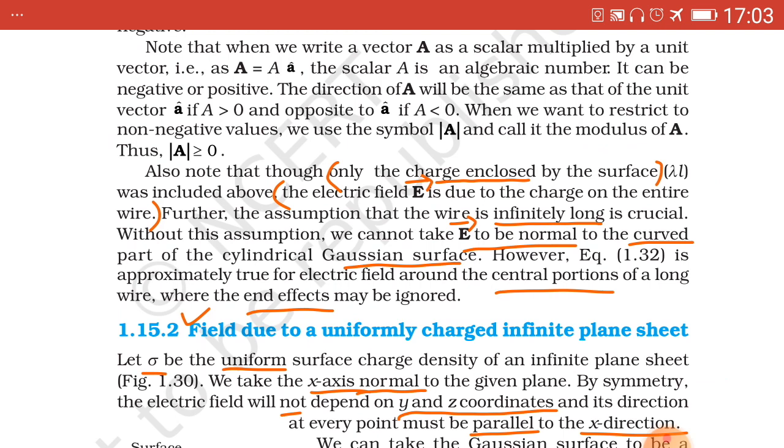The electric field E vector is due to the charge on the entire wire. Moreover, the wire is infinitely long. Why have we considered it like this? Otherwise, we cannot take the E vector to be normal to the curved part of the cylindrical Gaussian surface.